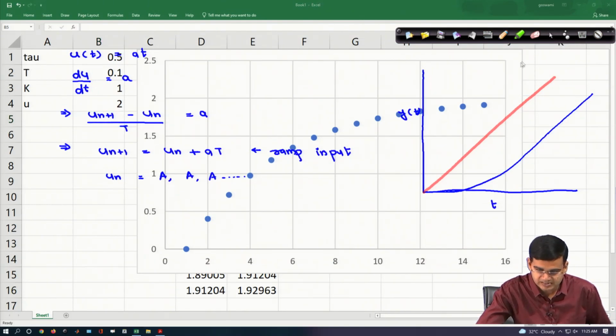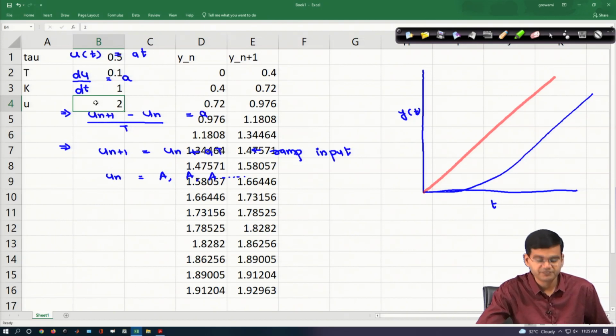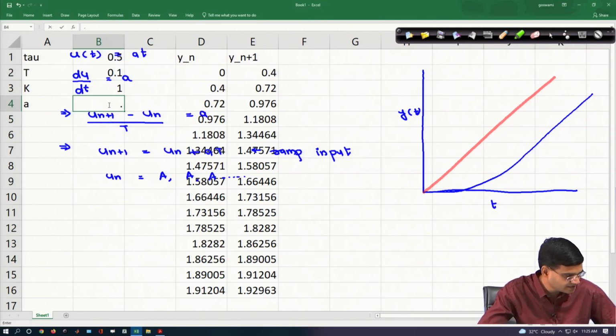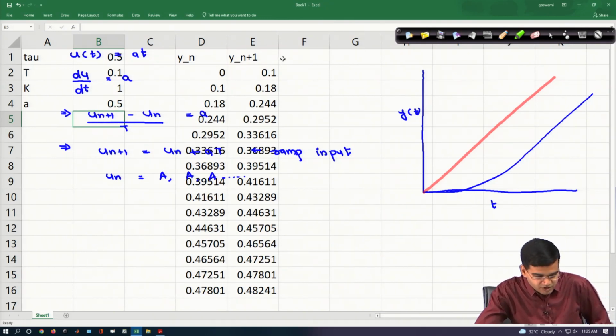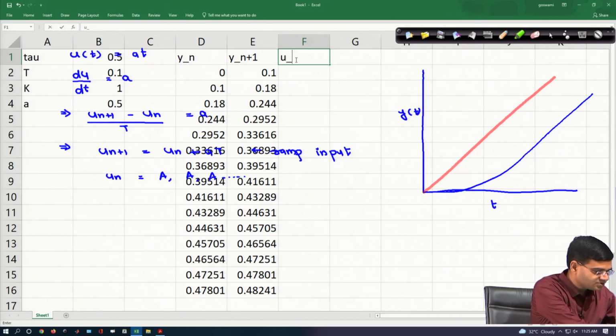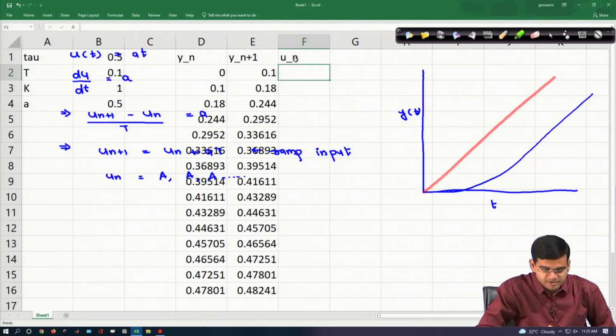So, what we will do is this, let us get rid of this plot, and then instead of u is equal to 2, what you have to do is you have to specify a, okay, and let me specify a as say 0.5, the gradient which I have. So, now what will happen to the formula? I need to input the value of u n. So, this is u n, and what will be u n?